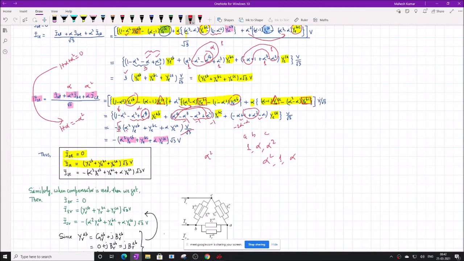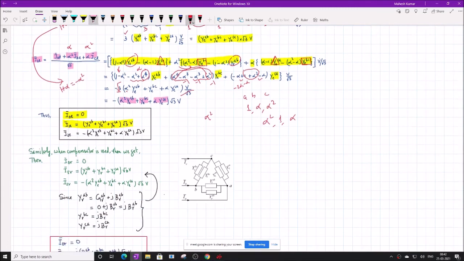Now, if we connect the compensator across each load, so this is the compensator, this is CA, this is AB, and this is BC, then we can write similar expressions for the compensator currents. No change because the structure is the same. It's a delta connected compensator of impedances or admittances.